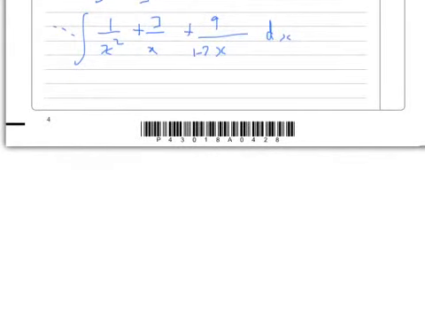So integrating 1 over x squared, just as a reminder, we'd write that as x to the power minus 2 in C1 and integrate that to make minus x to the power minus 1. So that becomes minus 1 over x. 3 over x, this is where we learn about logarithms. It's 3 times the logarithm of x.